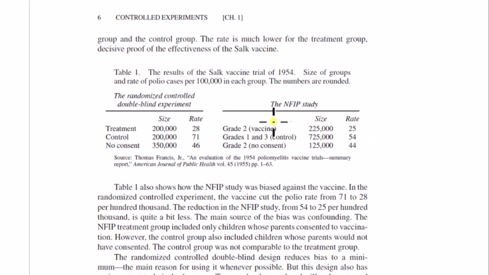Grade 2 got the vaccine about the same here, but the difference, the effectiveness you can see is skewed. Here, the vaccine seems more effective than here because of that bias. And then grade 2, no consent, about the same here. Now, this brings up a good point in that you could argue that, well, maybe this still shows the effectiveness of the vaccine.